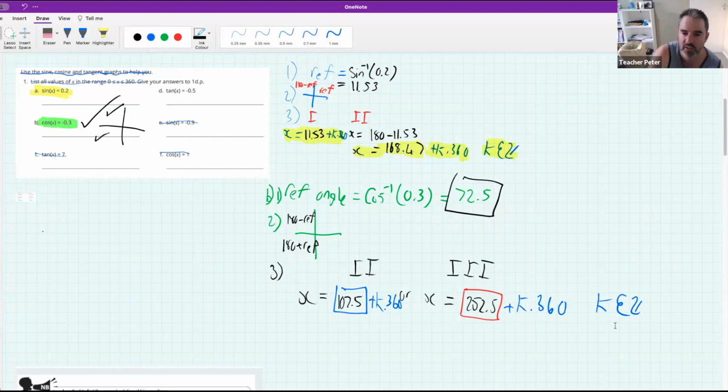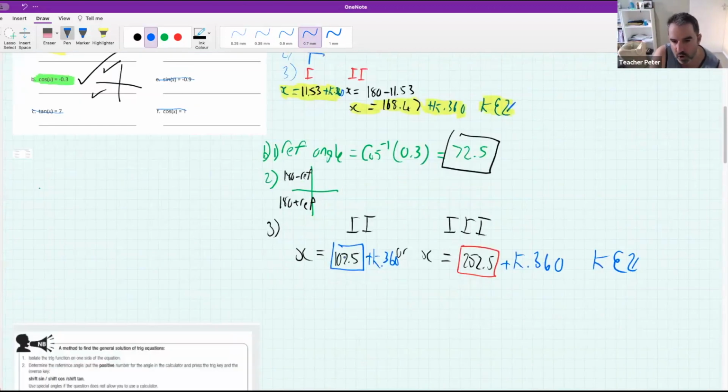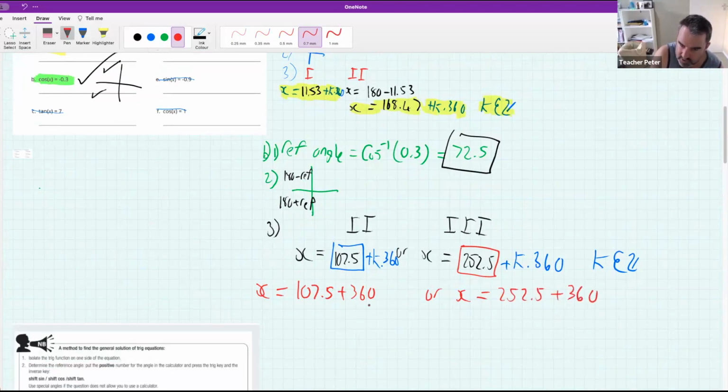So just to show you how this works, not only is 107.5 a solution, if I needed to generate more solutions, another solution to this equation could be, if k was 1, I would just add 360, or another solution would be 252.5 plus 360.